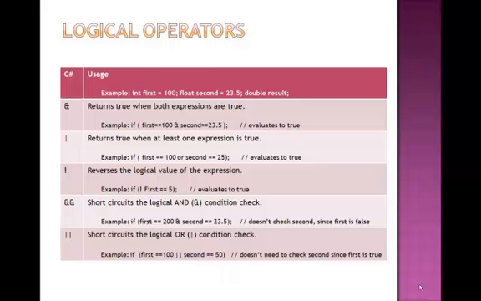Then there's no need to check the result of the second expression, because the second expression, regardless of being true or false, won't change the result of the entire logical expression. Therefore, we can short circuit the second comparison.